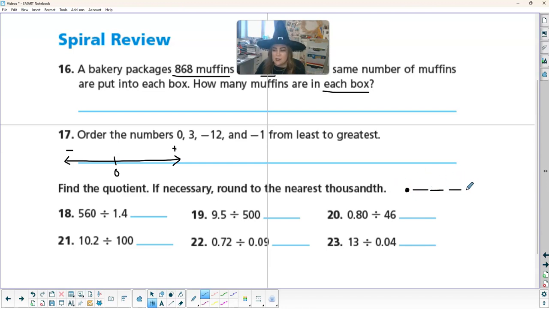So if your problem keeps going, we're going to go to 4 places. On the third one, we look back behind. If this is a 0 through 4, then this number stays the same. If this number is a 5 through 9, then it makes this one here go up. It bumps it up.